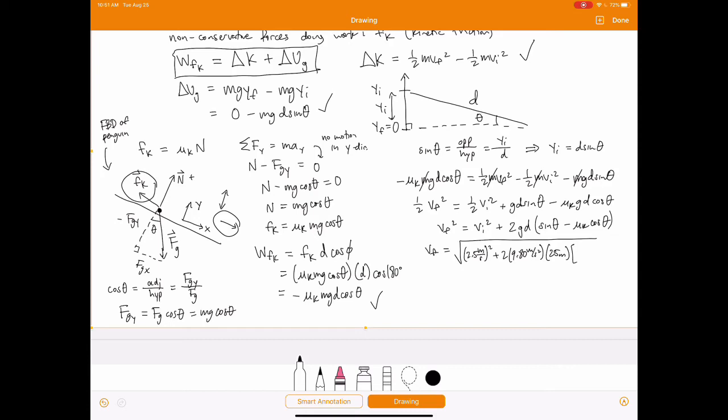And then I'm going to have sine of the angle of the ramp, which is 25 degrees, minus mu k, which is 0.15, times cosine of the same angle. That's the calculation we need to make. Comes out to about 12.1, but we'll keep 2 sig figs. So about 12 meters per second when the penguin reaches the bottom of the ramp.